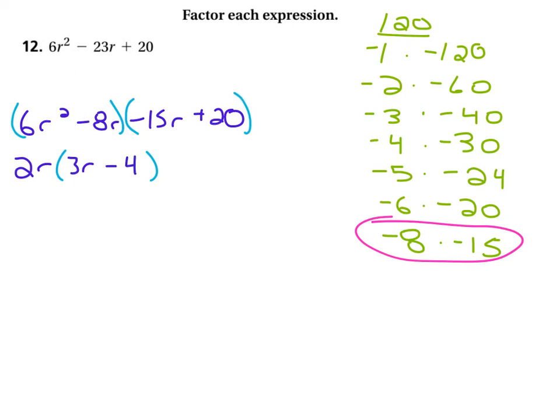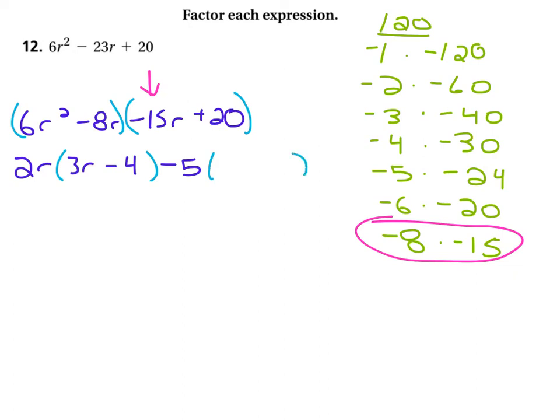Okay? Now, remember what I said. If the higher term right here is negative, we're going to pull out a negative. So we can divide these both by negative, and then what's the number we can divide them by? 15 and 20 can be divided by 5.